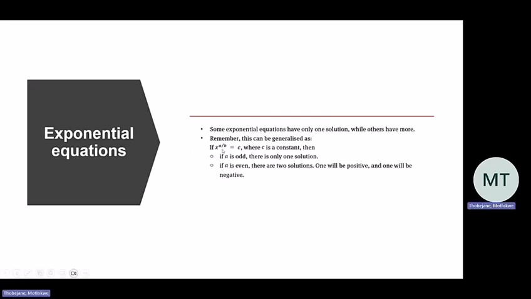If a in this equation is an even number, 2, 4, 6, 10, right? We are going to have two solutions. One will be positive and one will be negative. This is even before you solve anything. If you see such, if it's an odd number, one solution. If it's an even number, you know that you are going to have two solutions. One is positive, one is negative.